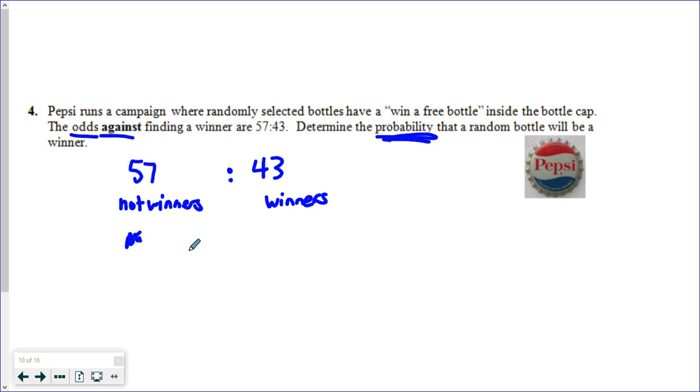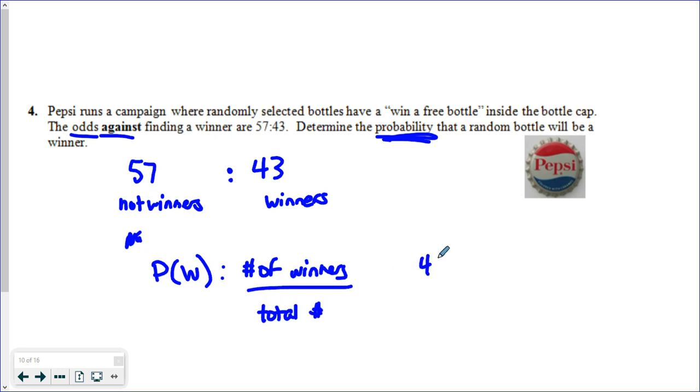So again, odds have whatever our favorable outcome is. So in this case, since it's against finding a winner, our favorable outcome are not winners. So when we look at finding the probability of finding a winner, again, we want to say number of winners divided by total number.